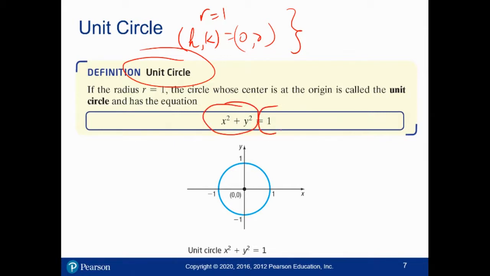And since the radius is 1, 1 squared is just 1, that side is also pretty straightforward. The unit circle is all points whose distance from the origin is 1. The center is the origin, the distance is 1. Of all the circles that are out there, it's like the most standard. Its center is right at the middle at the origin, and its radius is pretty simple, it's just 1.